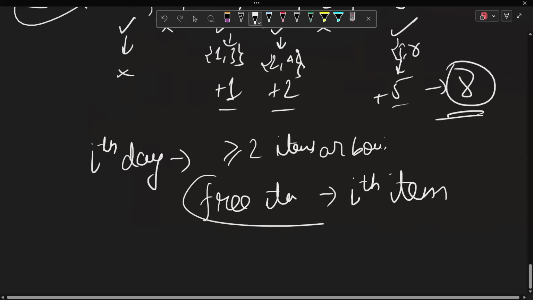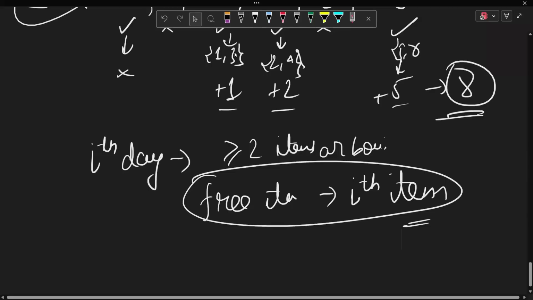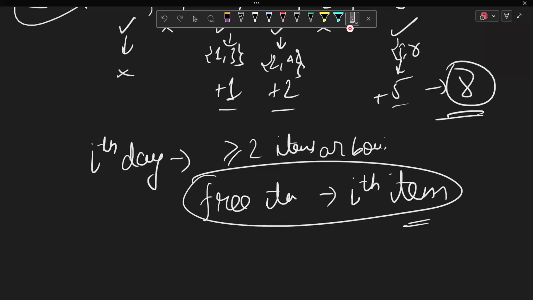Okay, so finally what you need to do is make the maximum sum of free items, that you need to maximize the sum of items that you are getting for free. That is the thing. If you maximize that, then your final answer would be minimized.